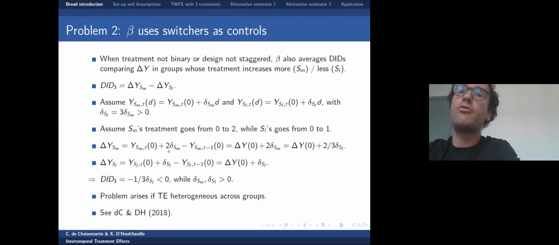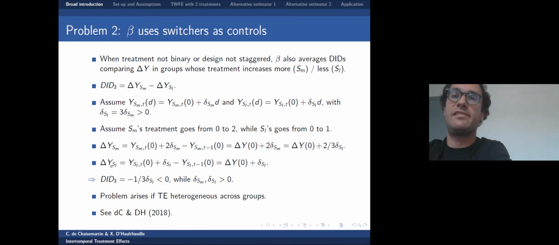But in period t, they receive 2 units of treatment, so their outcome is their outcome without treatment plus 2 times their treatment effect, which we can rewrite as follows. And then using the fact that we've assumed that the switching more have a treatment effect that's a third of that of the switching less, this term is actually 2/3 times the slope of the switching less groups.